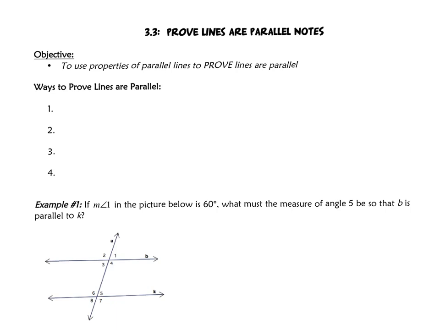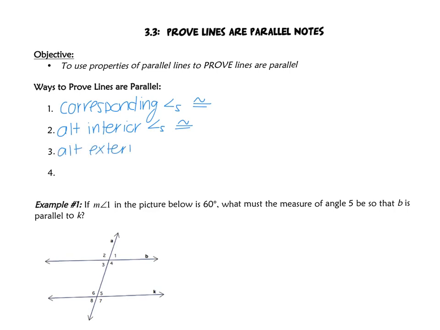Ways to prove lines are parallel. There are 4 ways. You can prove that lines are parallel if you show that your corresponding angles are congruent. You also can prove parallel lines if your alternate interior angles are congruent, or if your alternate exterior angles are congruent.